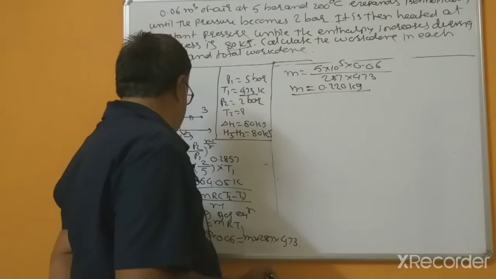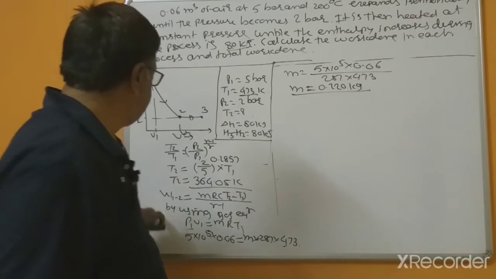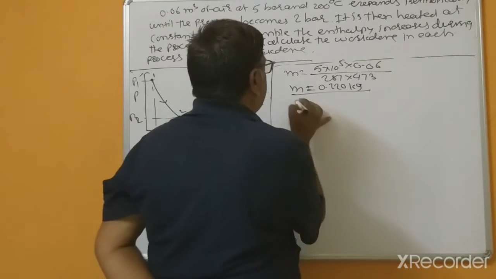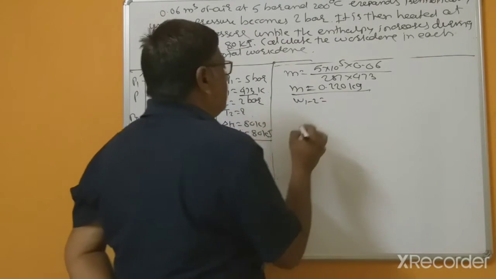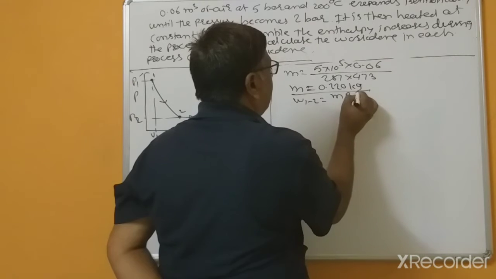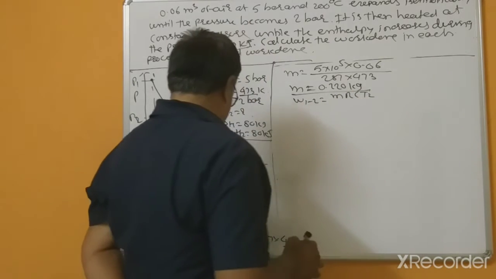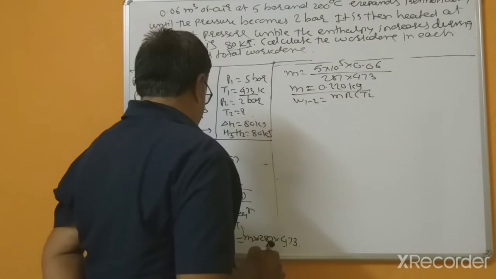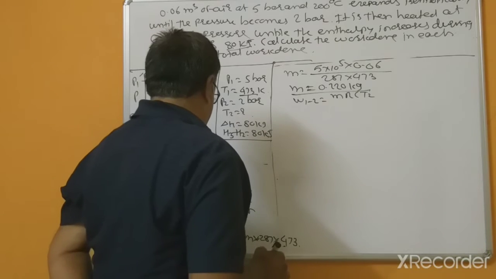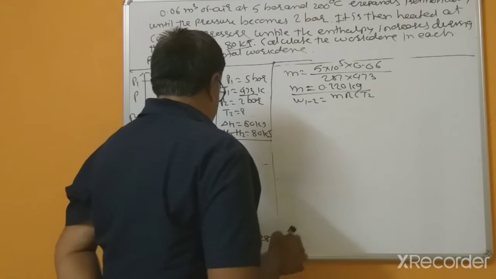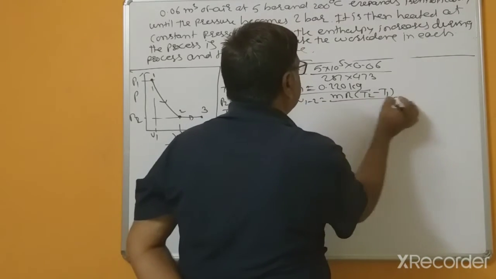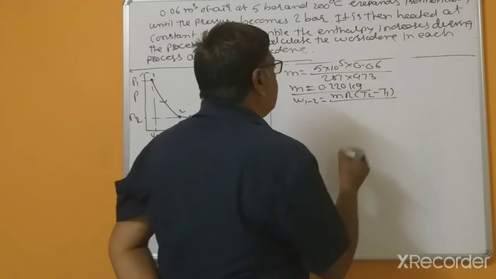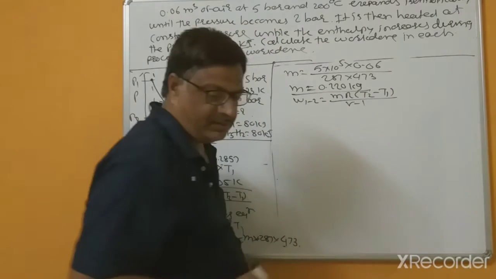Now we can use the work done formula 1:2 equal to m into R into T2 minus T1 divided by gamma minus 1.